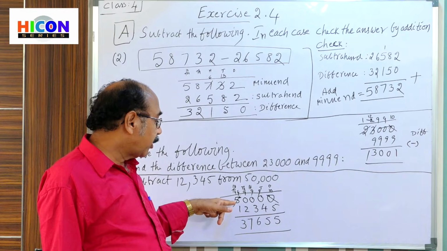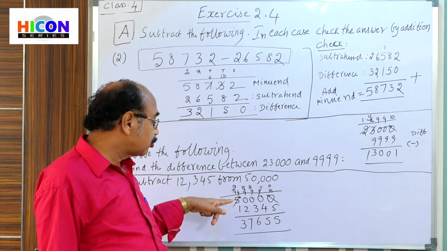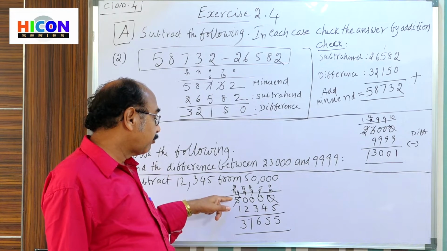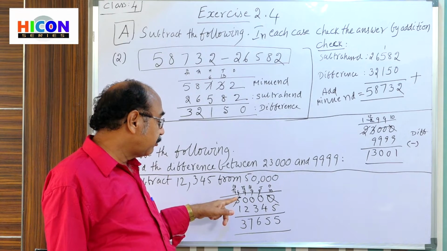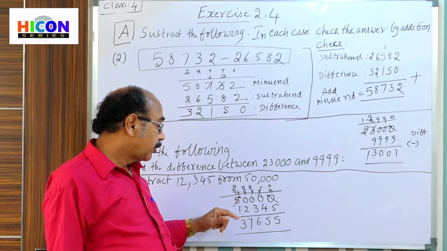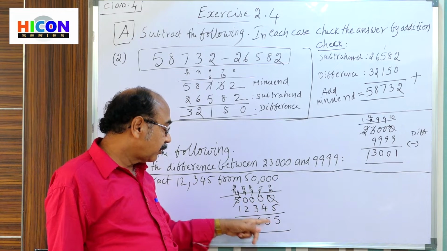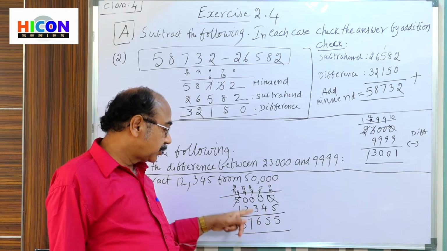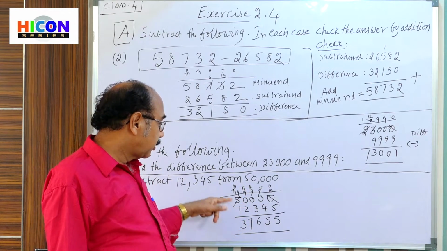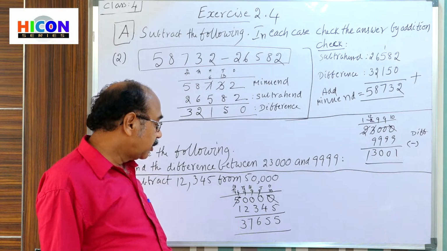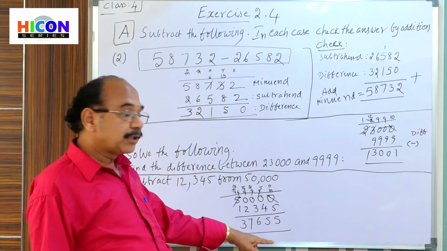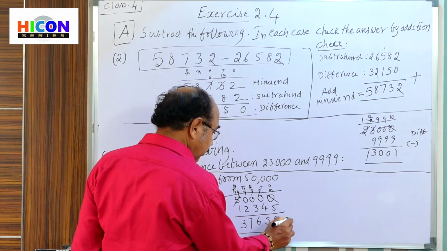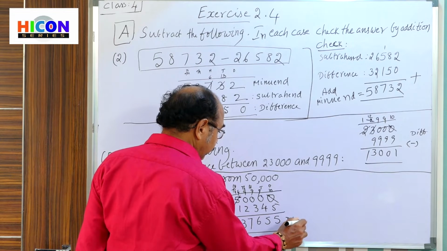And here 5 becomes 4, because 5 gave borrow. Now 10 minus 5, 5. 9 minus 4, 5. 9 minus 3 is 6. 9 minus 2 is 7. Here 4 minus 1 is 3. 37,655. This is the difference.